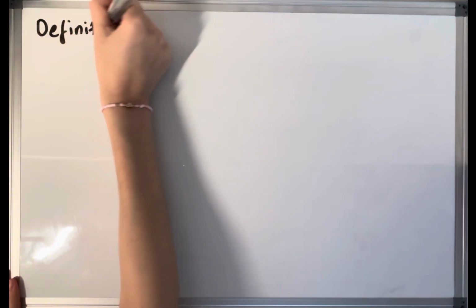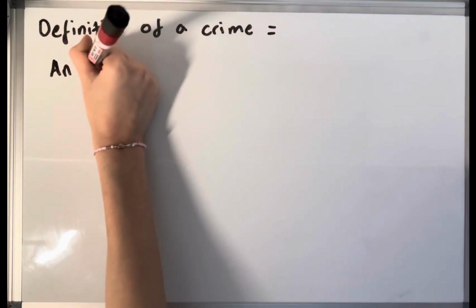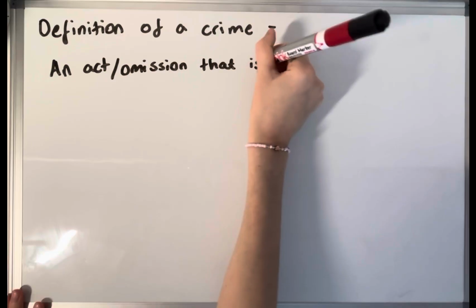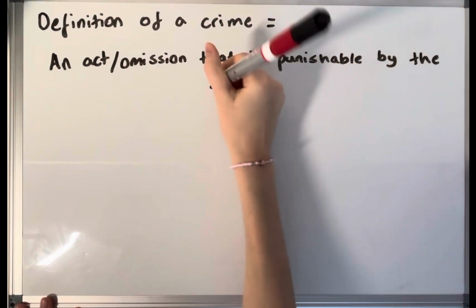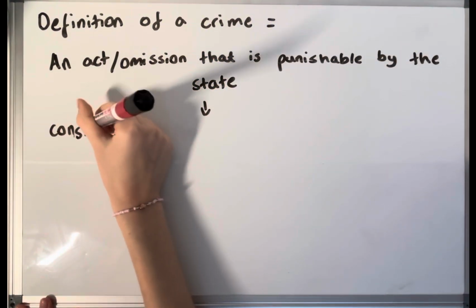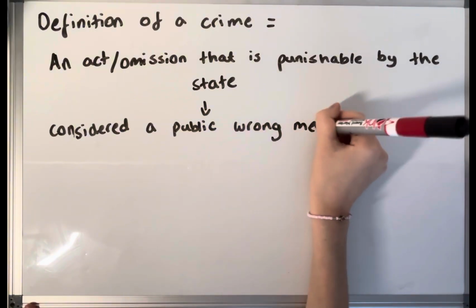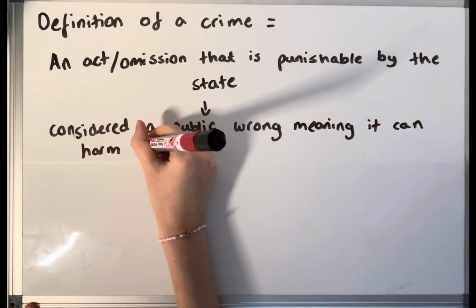First, we'll be going through the definition of a crime. It is an act or omission that is punishable by the state. It is considered a public wrong, meaning it can harm individuals and society.